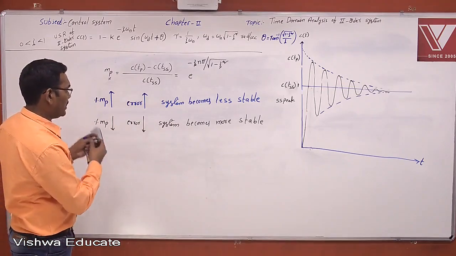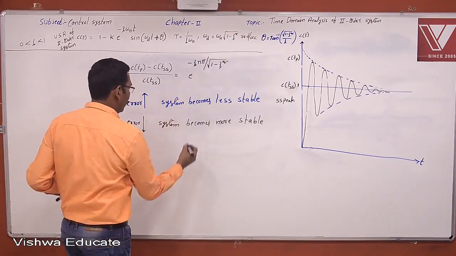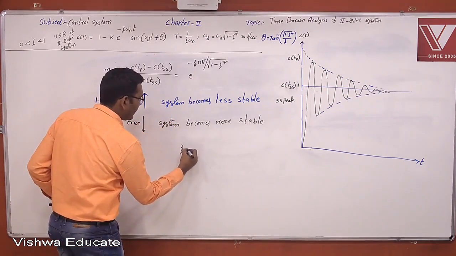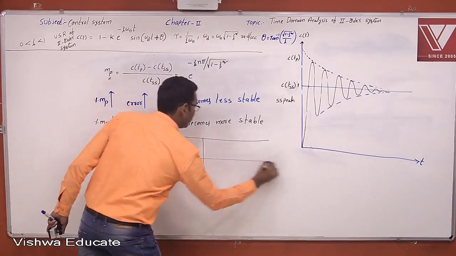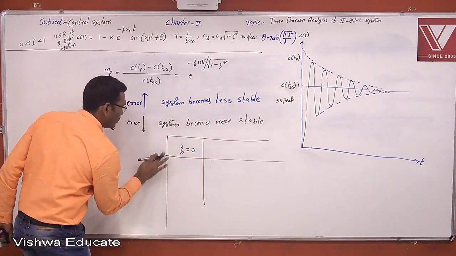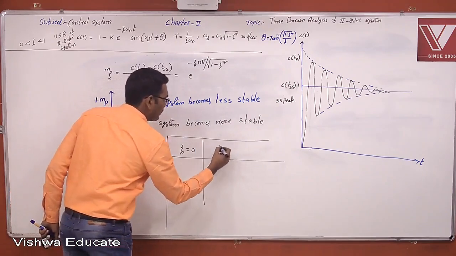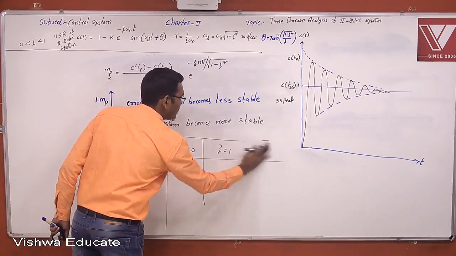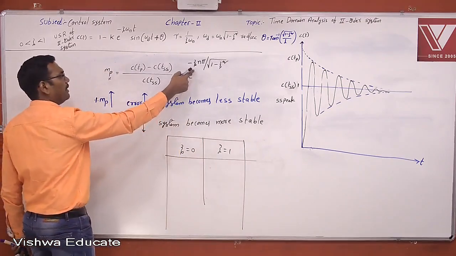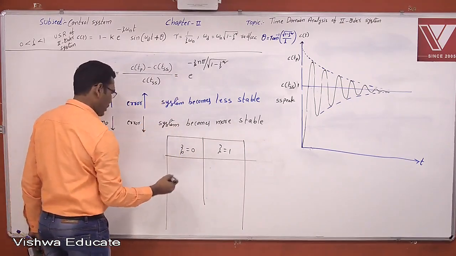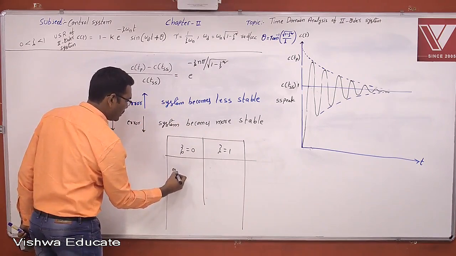I just extended this. Now you tell me, when damping factor zeta equal to 0, what is the percentage peak overshoot? Substitute here. When zeta equal to 0, e power 0 is 1, so peak overshoot is 100%.